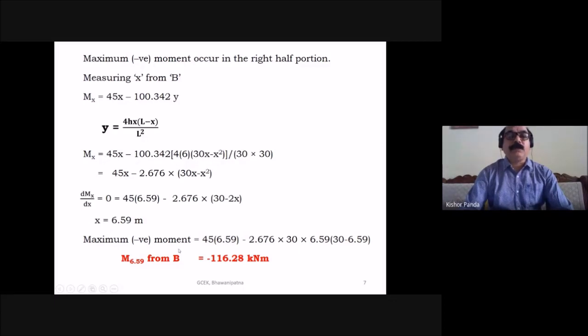So the maximum negative bending moment is equal to 45 into 6.59 minus 2.676 into 6.59 into (30 minus 6.59). So M at 6.59 from B is equal to minus 116.28 kilonewton meter. At a distance 6.59 meter from B, you will get the maximum negative bending moment, minus 116.28.